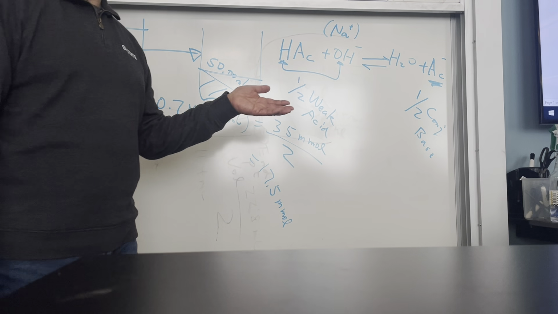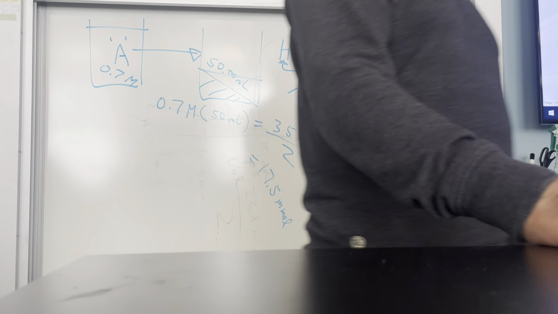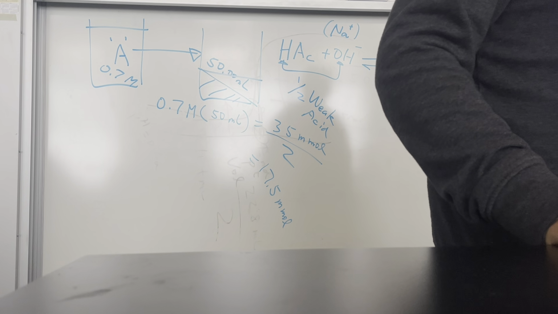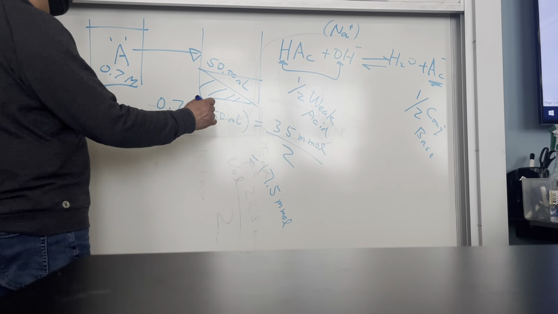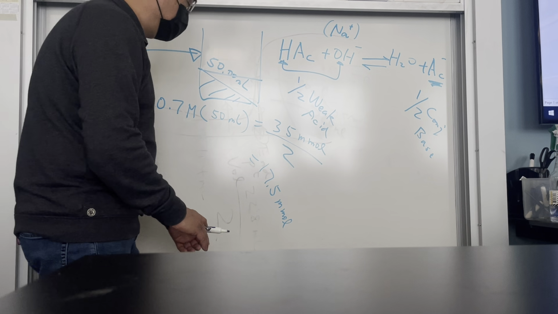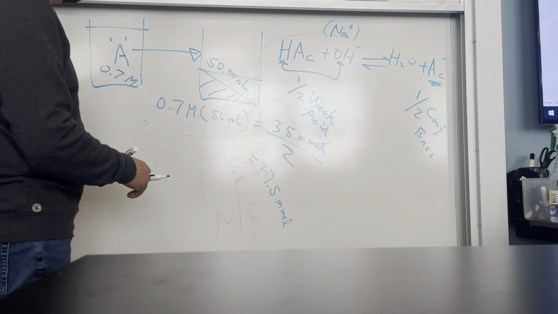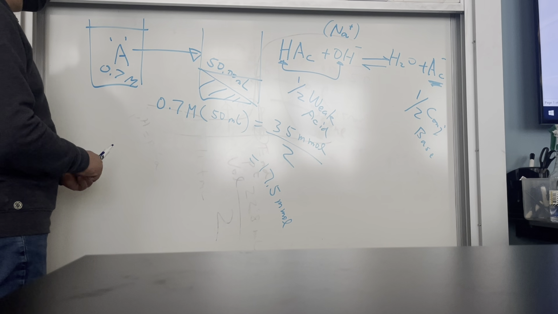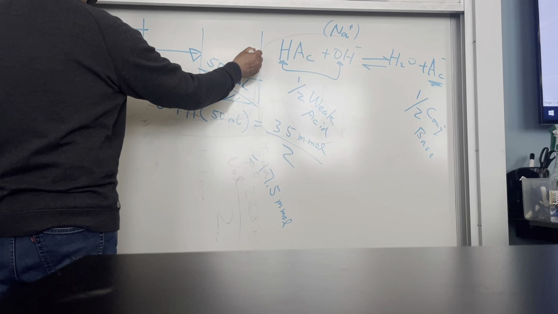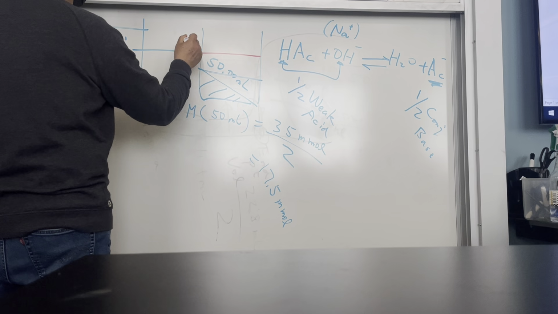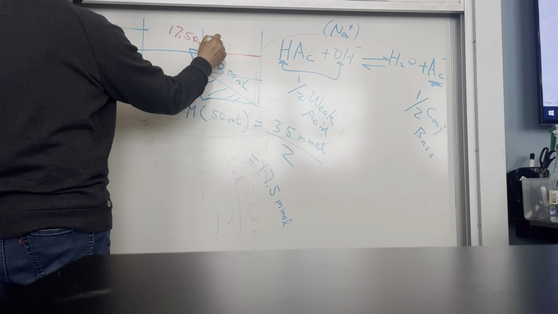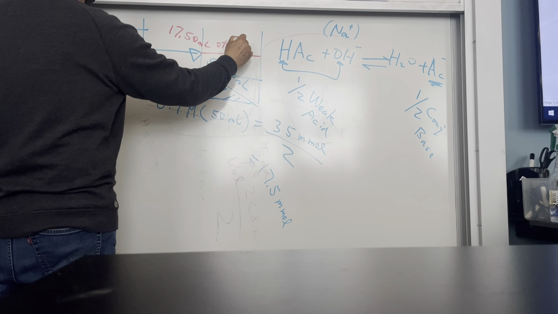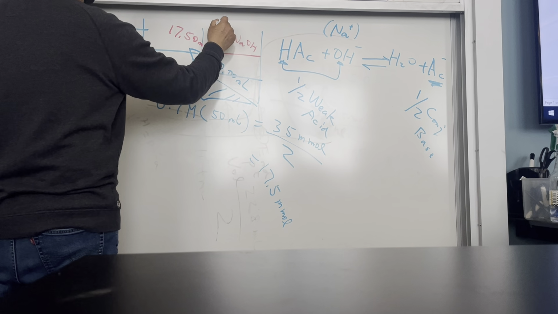And since our sodium hydroxide is 1 molar, therefore we will add 17.5 milliliter of sodium hydroxide, which is 1 molar.